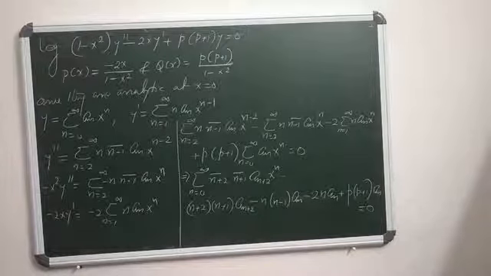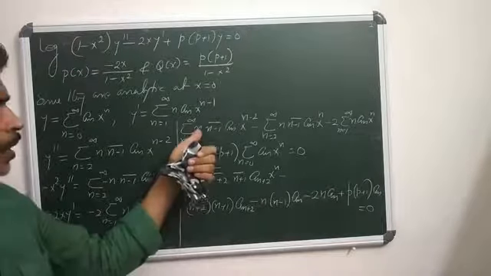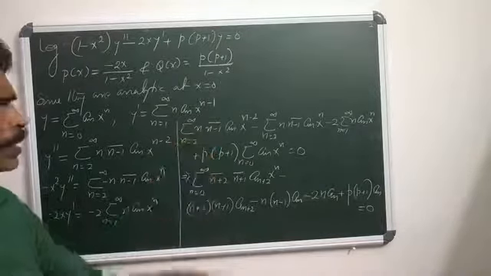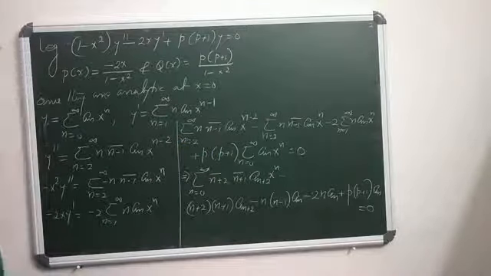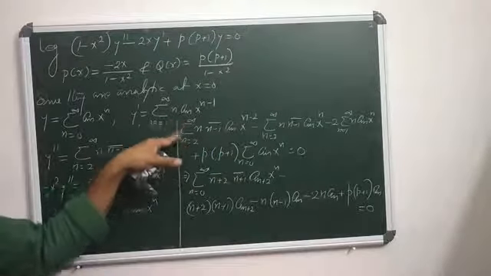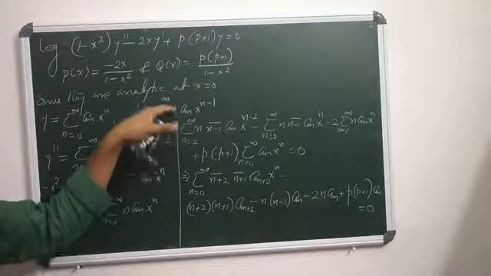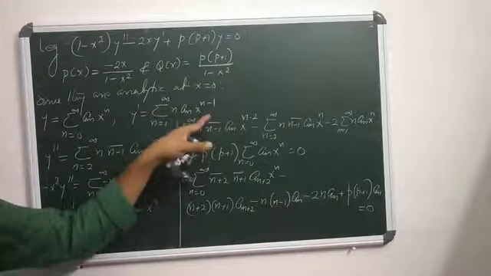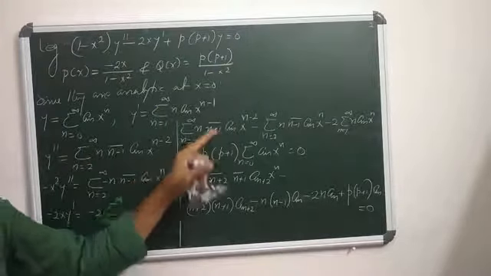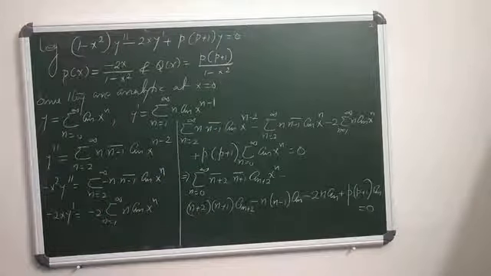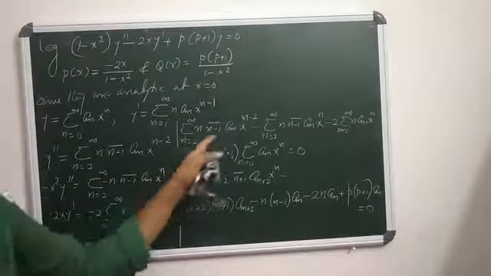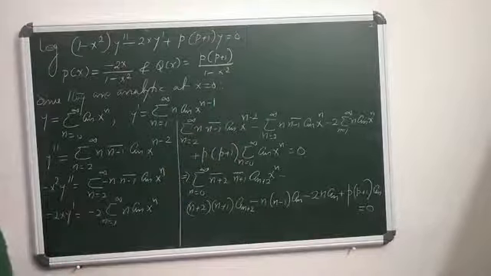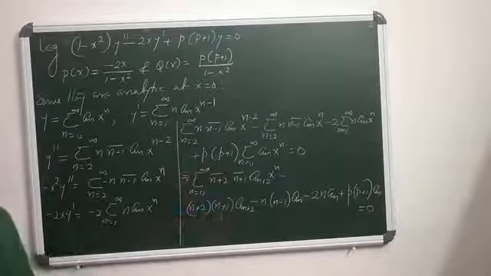On the right side it is 0, and on the left side you can rearrange it as n into n minus 1 a n x power n minus 2. Why? Because n varies from 2 to infinity, and the upper limit is infinity, so you can replace n by n plus 2. It does not alter the behavior of the other terms in this series.